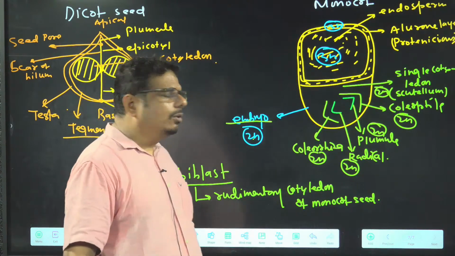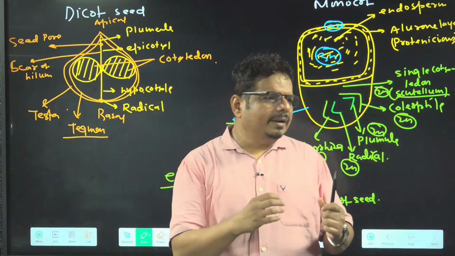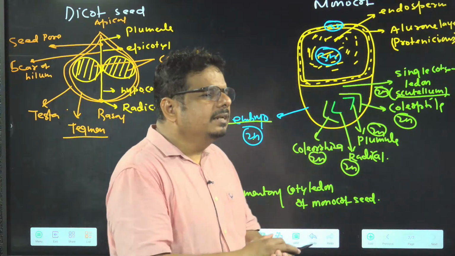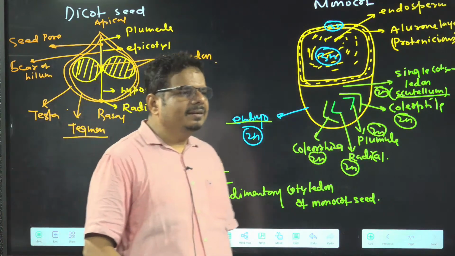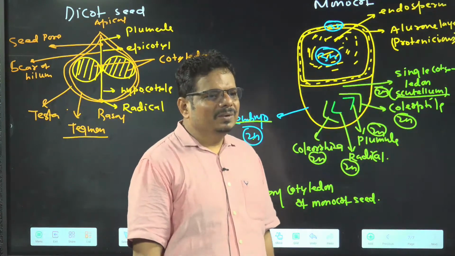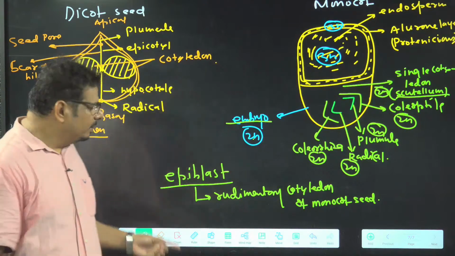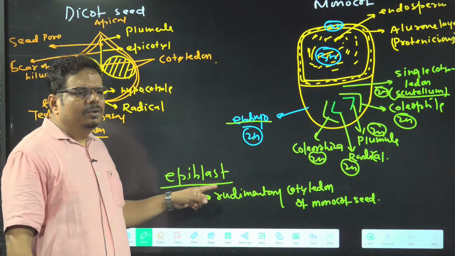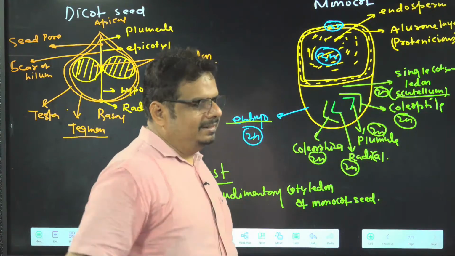One functional cotyledon is called scutellum, and the rudimentary, underdeveloped, non-functional cotyledon is called epiblast. Will you keep in your mind? So seed structure is over. That much information will remain in your mind. Rudimentary cotyledon is of the monocot seed, not in dicot seed.